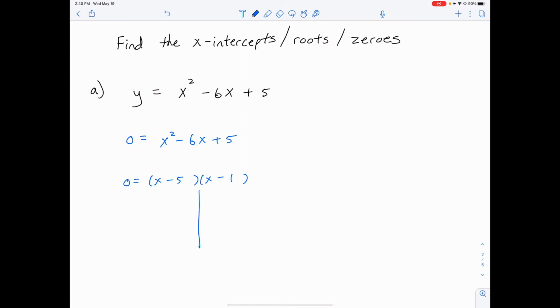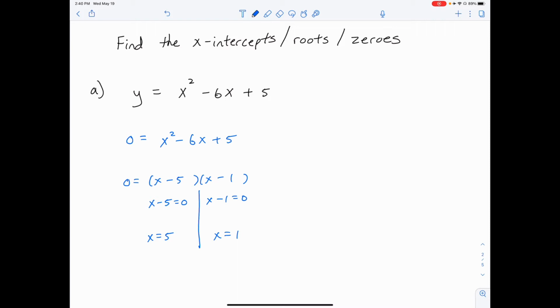So what we do is we let each scenario, like this one, x minus 5 equal to 0, or x minus 1 equal to 0, and we solve. With algebra, we'll find out that x is equal to 5, or x is equal to 1. So again, x-intercepts, you can say that it happens at (5, 0) and (1, 0). But normally this is good enough to show where the x-intercepts would be.